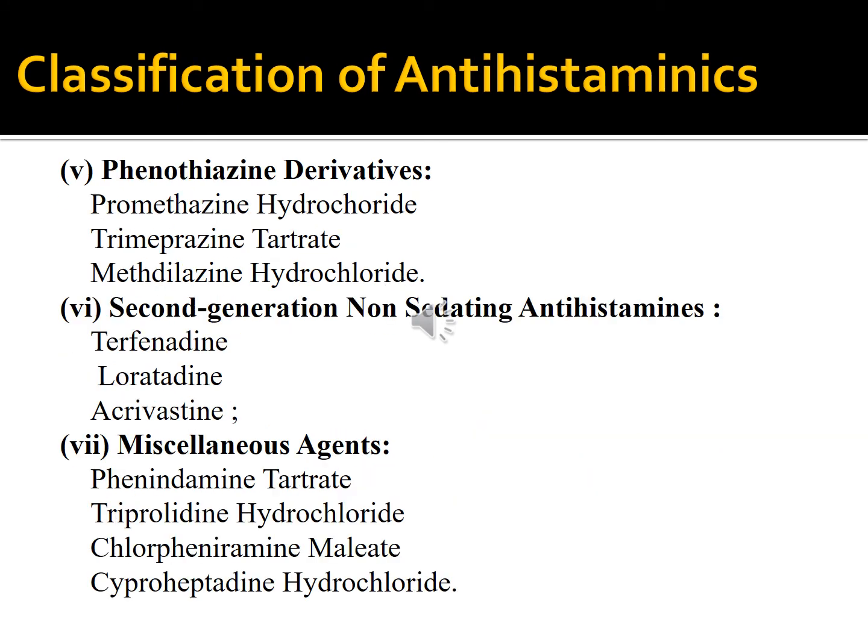Fifth category is phenothiazine derivatives. Examples are promethazine hydrochloride, trimeprazine tartrate, and methdilazine hydrochloride. Sixth category is second generation non-sedating antihistamines.